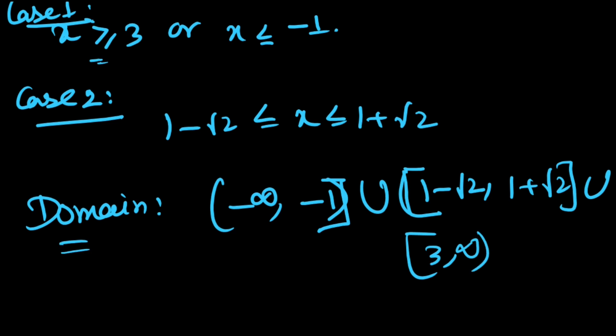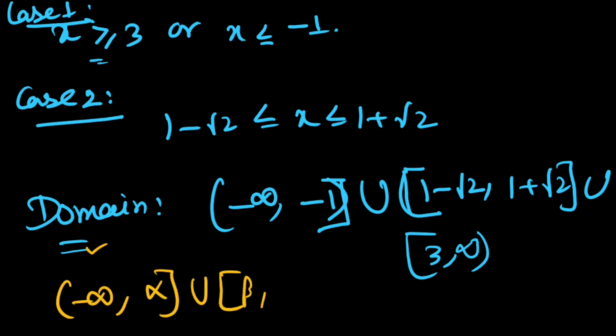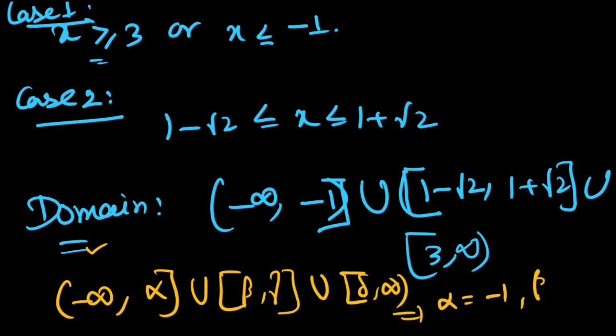So now we compare our domain to this domain. This implies alpha gives minus 1, beta gives 1 minus root 2, gamma gives 1 plus root 2, and delta is equal to 3.